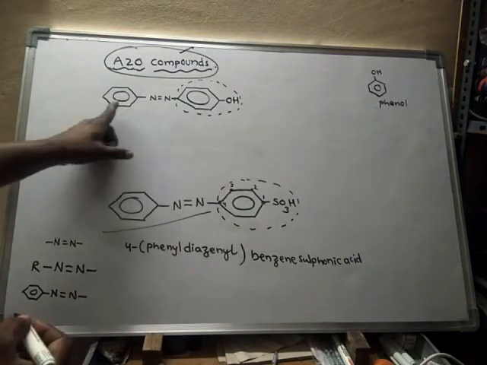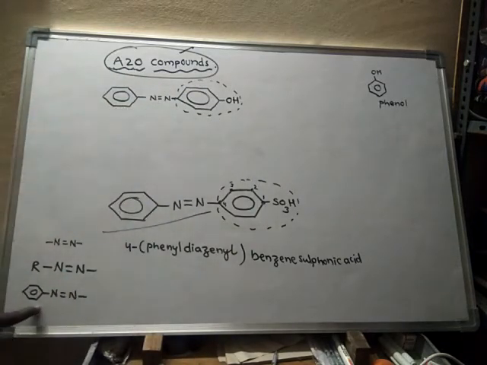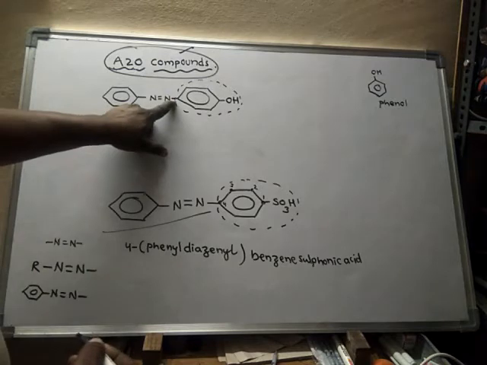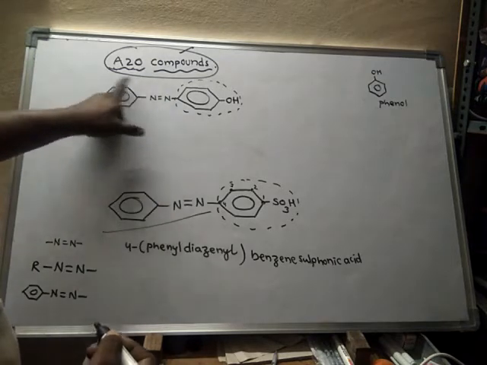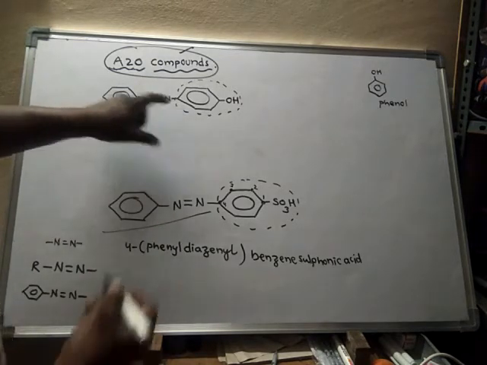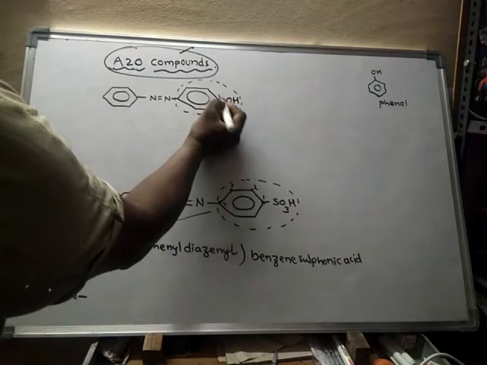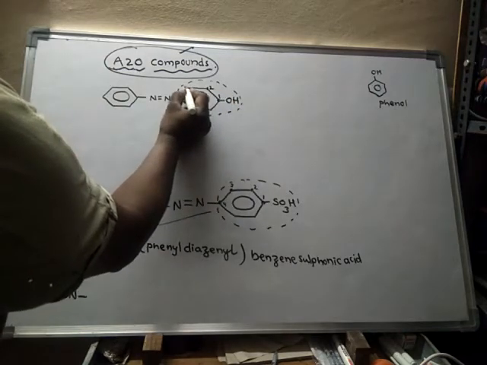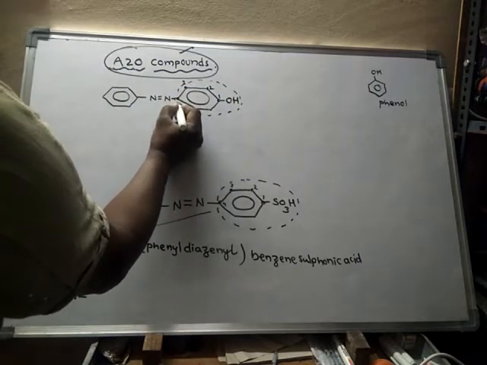And to this phenol, what is attached? Phenyl diazenyl. Again, on which position is the phenyl diazenyl attached? On fourth carbon only. This carbon will become first carbon, second carbon, third carbon, and this will become fourth carbon.